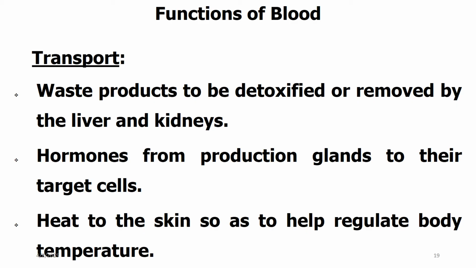Waste products can be detoxified or removed by the liver and kidneys. Hormones, I mentioned earlier, are transported from the production glands to their target cells. Heat is carried to the skin so as to help regulate body temperature.